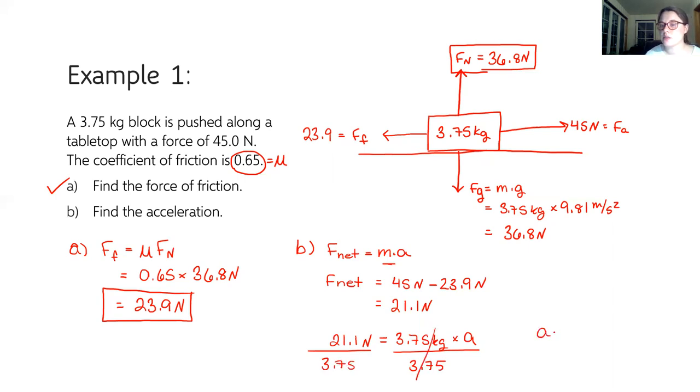Cancels and we get acceleration is equal to 21.1 divided by 3.75, which is 5.63 meters per second squared. Well, those are the units that you always have for acceleration. Okay, so the acceleration is the result of whatever force is left over after I've overcome friction. Whatever the extra is causes the acceleration, and that's your net force.